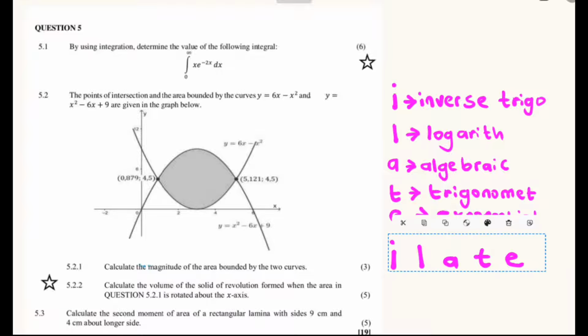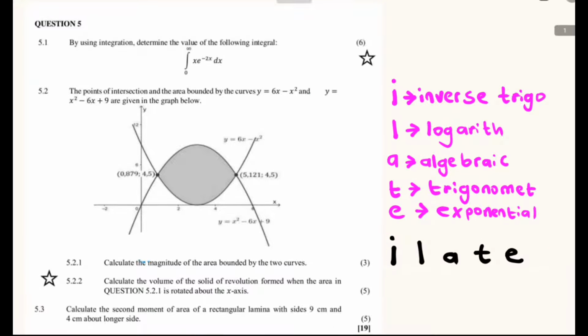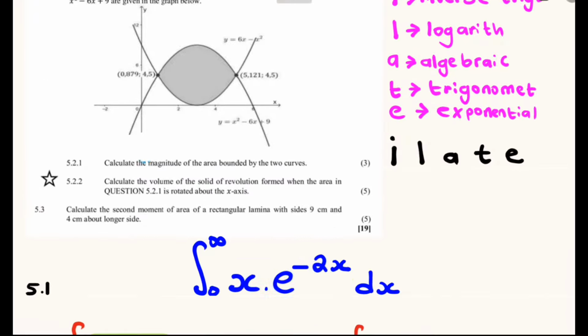On our integral, the x is an algebraic function represented by the letter A. So that letter A represents the x, and the e raised to the power negative 2x is an exponential function represented by the letter E.